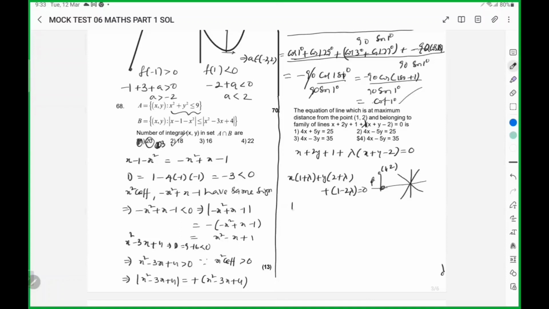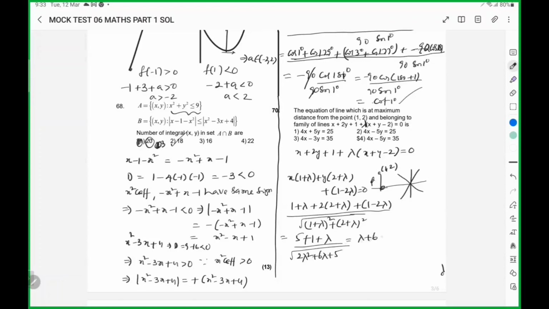So here if you take 1 plus lambda, root of 1 plus lambda whole square plus 2 plus lambda whole square. 5 plus 2 lambda minus 2 lambda get cancelled. 6 lambda plus 5.